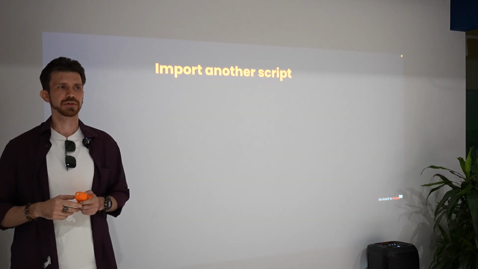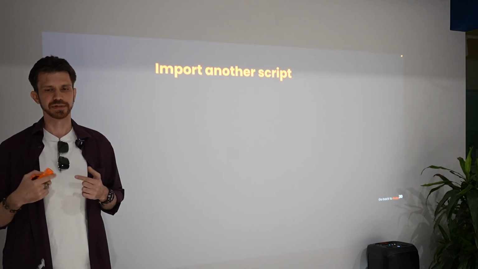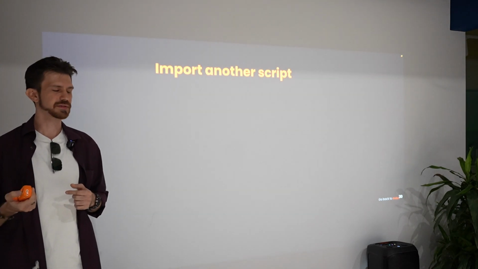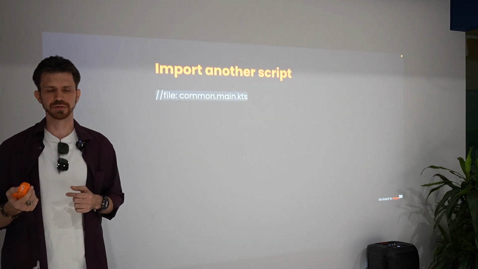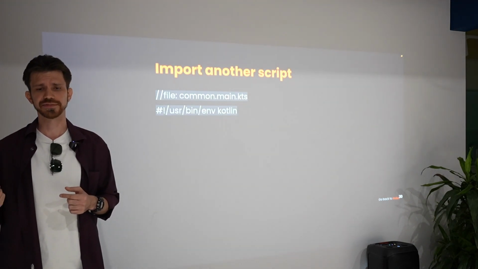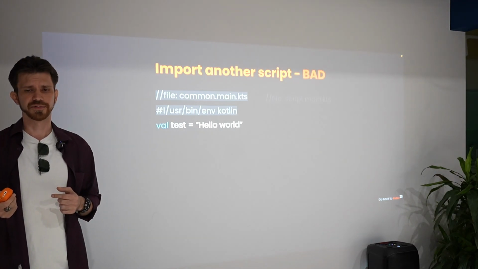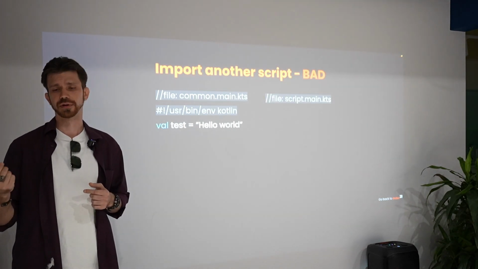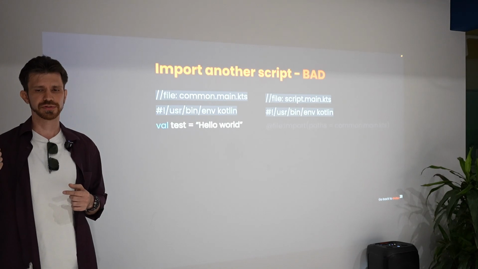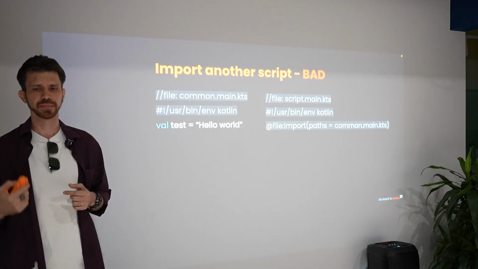In bash script, you may import some scripts into your script as well. In Kotlin scripts, there is such an option. For example, you can define a common.main.kts file, define some variable here, and define another script, and use the script previously defined, common.main.kts.